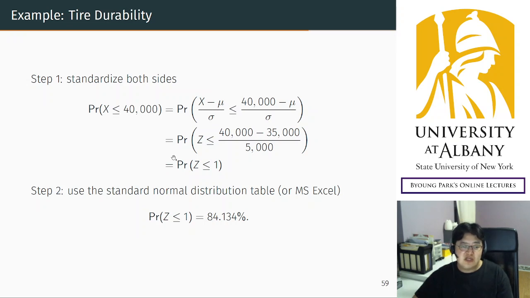You just need to find this probability from the table or from a calculator, which we did in the previous lecture. And the answer is 84.134%. If you use the Excel formula, then you are going to get this probability, the probability we are looking for.